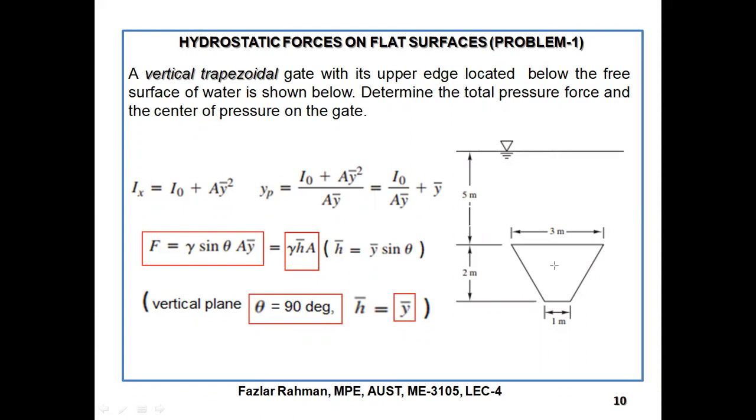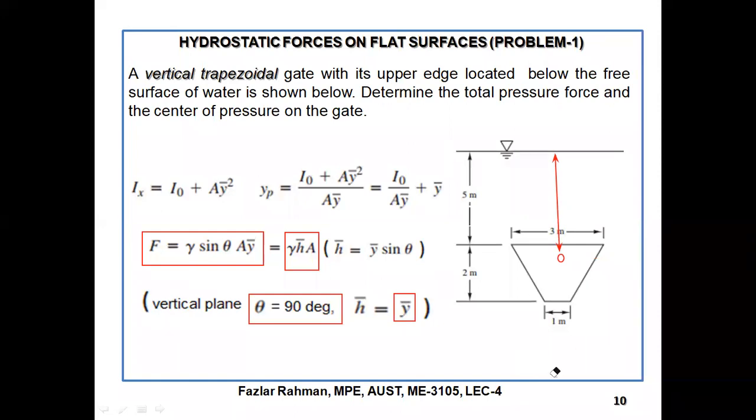So this is my top, and the CG is right over here. If I mark it here, then y bar will be this distance. Sometimes you might think y bar is the distance from here to here, but this is wrong. Y bar is the distance from the free surface of the water.